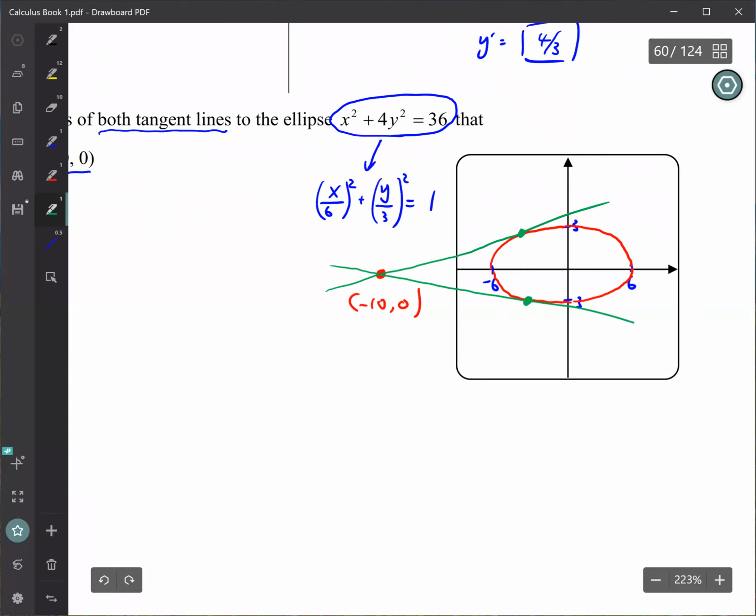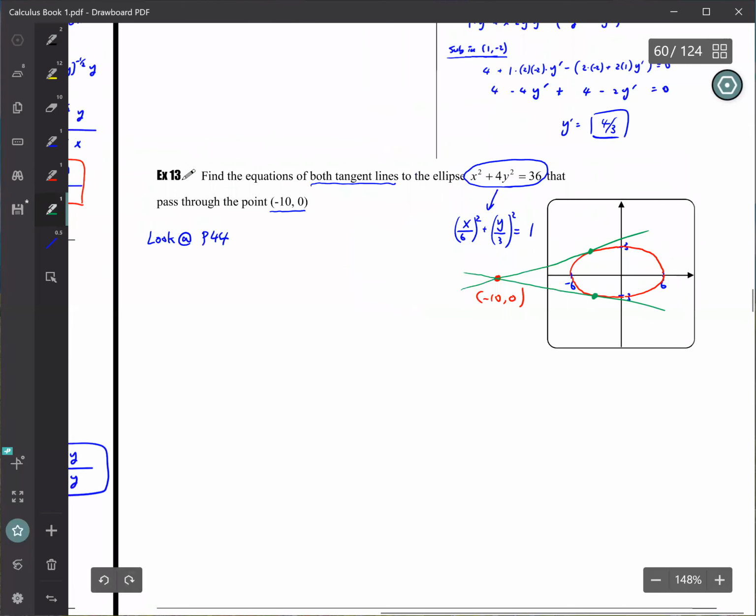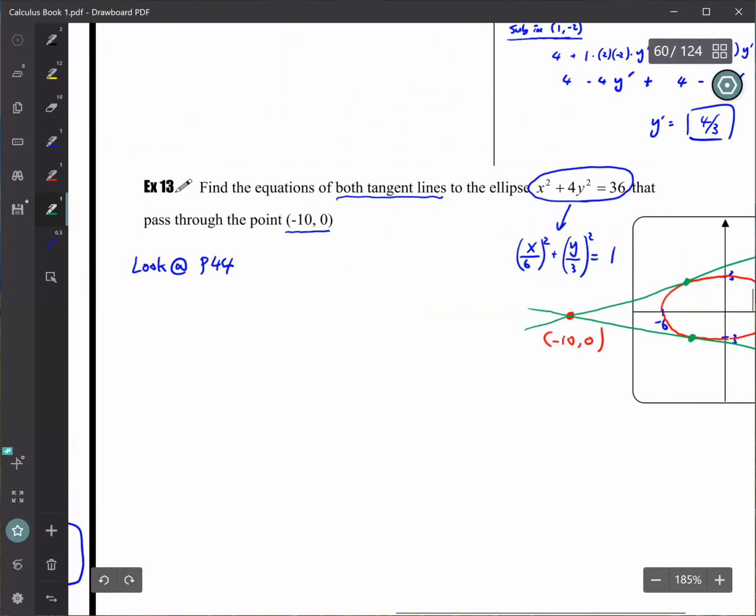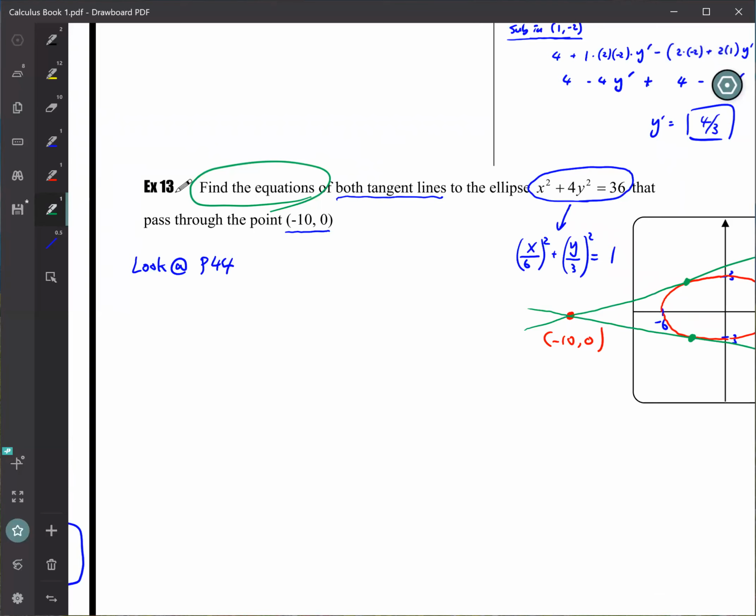So similar to the one in the problem. The only difference is the function that I gave you is implicit, so you got to use the implicit method to find the slope. Okay, so find the equations for the 2 tangent lines.